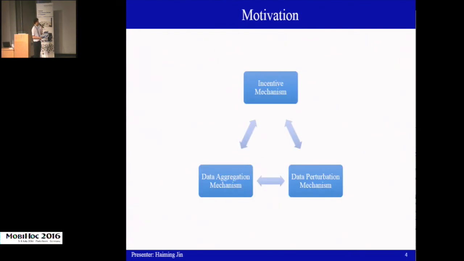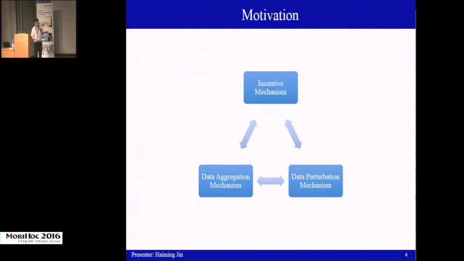And actually, in real practice, the incentive mechanism is not an isolated module. It will interact with other mechanisms, including a data aggregation mechanism that can aggregate workers' data, and a data perturbation mechanism that perturbs the aggregated results to protect the workers' privacy. Therefore, the performance and the design of the incentive mechanism are going to be affected by these other components in the system.